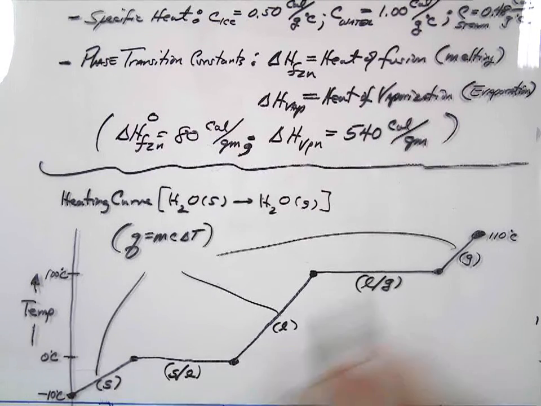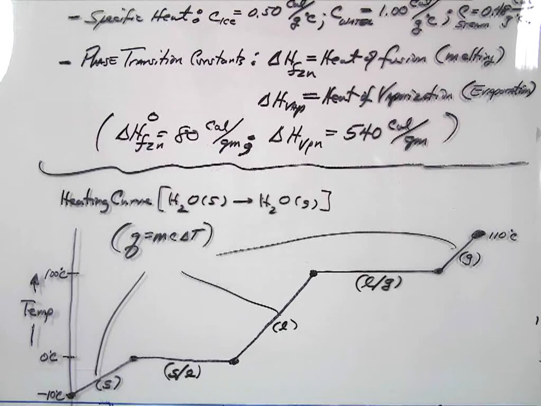So you see those slopes or temperature change, brain says use mc delta T. In the other regions, there is no temperature change. Notice the flat part.